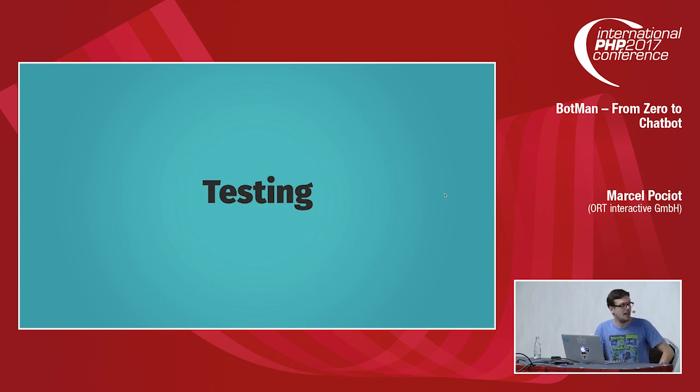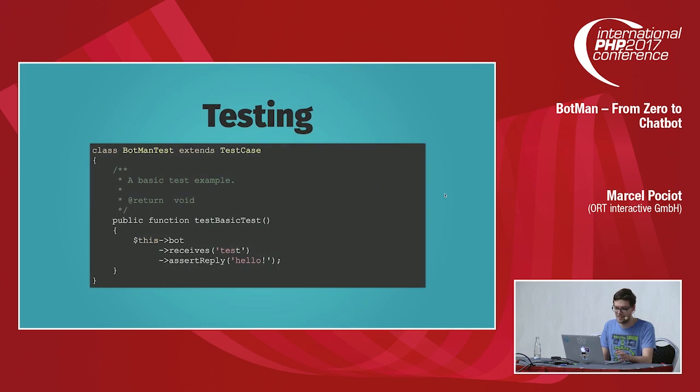Okay, so testing the whole thing. BotMan is pretty much the only chatbot framework that has testing really built into it, because I think it's super important. And it has a few nice helpful methods to write really TDD chatbot applications.